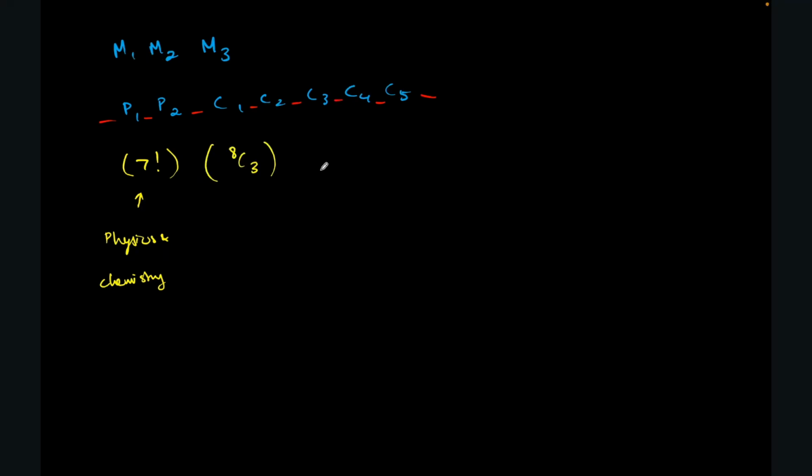However, there's a catch. Because M1, M2, and M3 are distinct, they can be arranged in different ways within themselves. Let's say this is the spot they have picked for themselves. Now I can have M1, M2, M3. I can have M3, M2, M1. That's different, and you get the idea. Since there are 3 of them, that is 3 factorial ways.